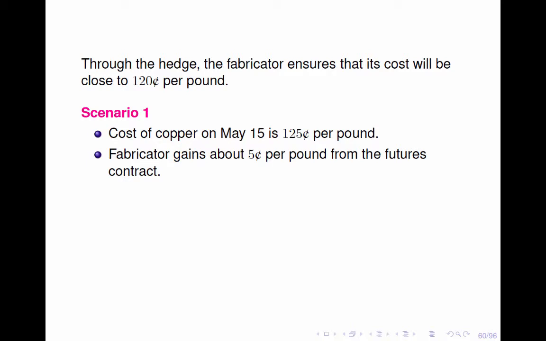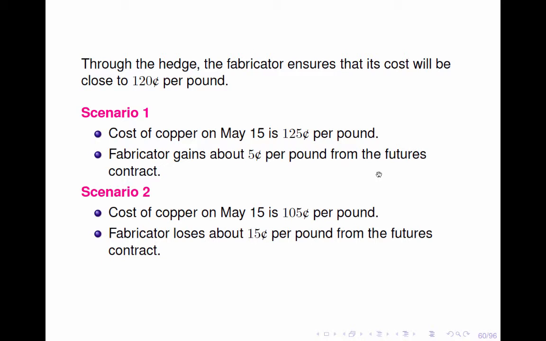Let's say it is 125 cents per pound. Then, the fabricator's purchase cost will be 125 cents per pound. However, he will gain about 5 cents per pound from the futures contract. Therefore, his net cost will be 125 minus 5, that is 120 cents per pound.